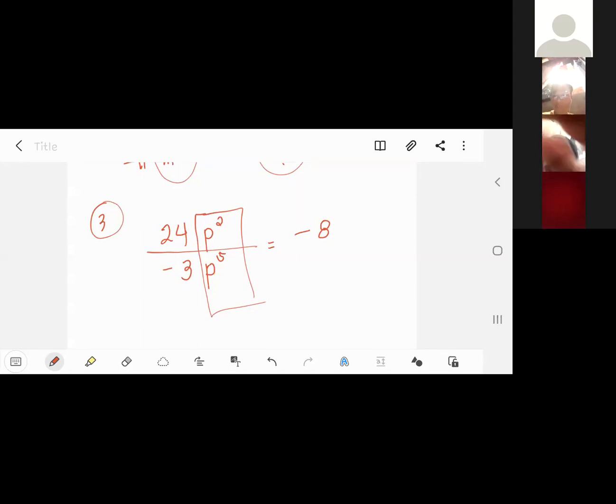So which rule is this? Rule number 2. Therefore, where do we subtract? In the denominator. So p to the power of 5 minus 2. Therefore, your final answer is negative 8 over p to the power of 3. So this is now your final answer.